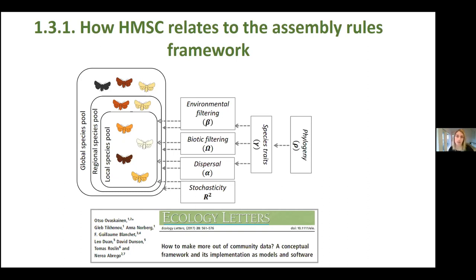And finally, because HMSC is a model-based approach, we can calculate the predictive power of our model, which means that we can also measure how much variation is not explained, and we may relate this to stochastic processes being important actors in our community.